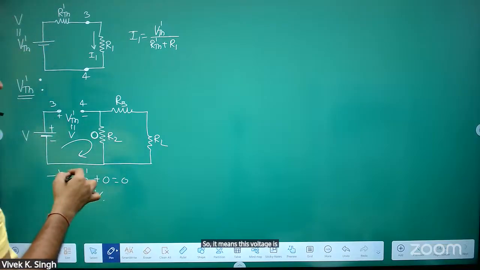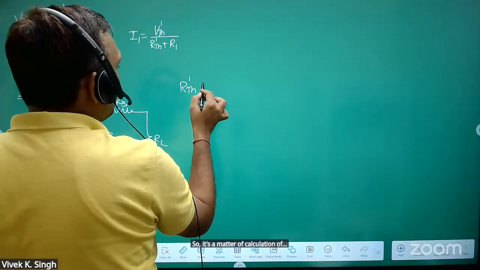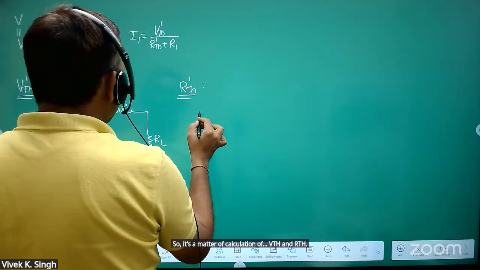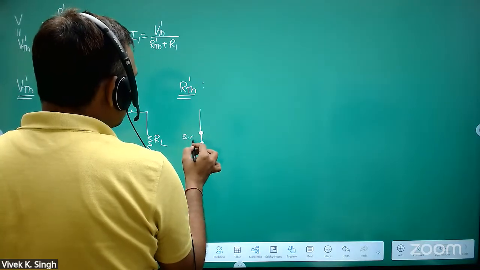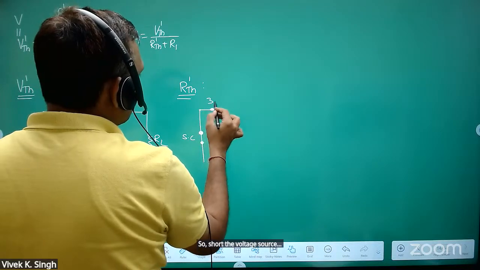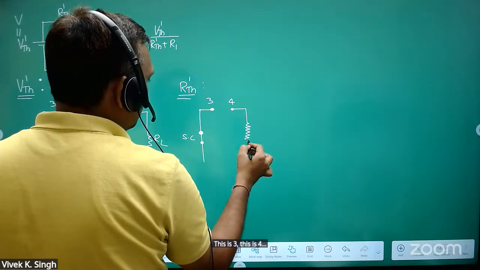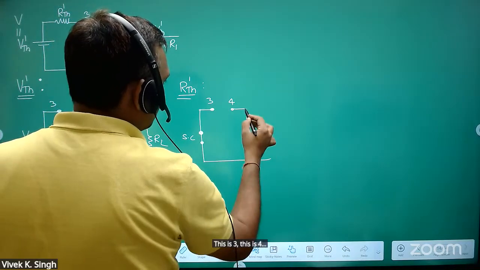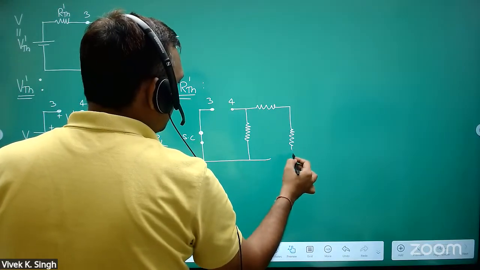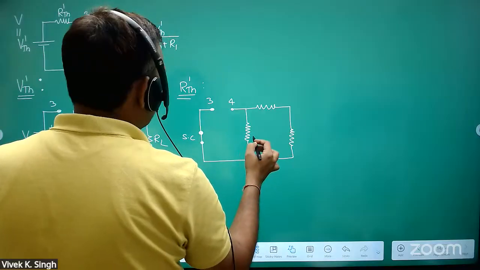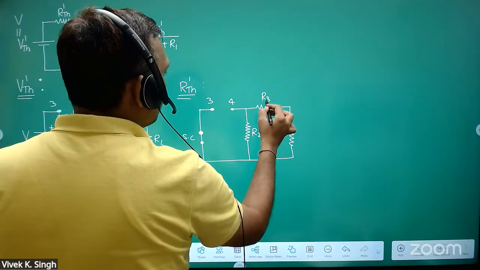Now what is RTH dash? So it's a matter of calculation of VTH and RTH. So short the voltage source. This is 3. This is 4. R2, R3, RL.